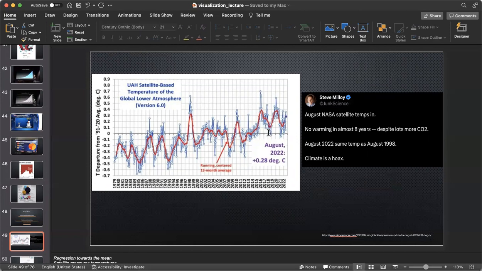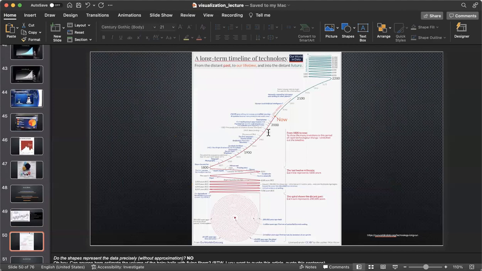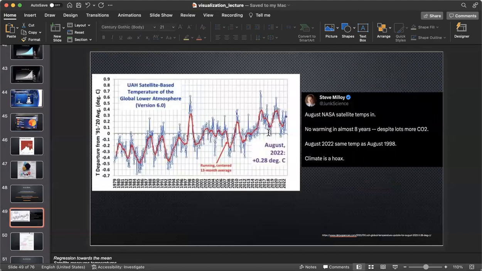And then I'll very quickly move on to this particular slide right here. There's a climate science denier who is looking at data from satellites in low Earth orbit, and seeing how these satellites are recording temperatures in low Earth orbit, plotted over time.